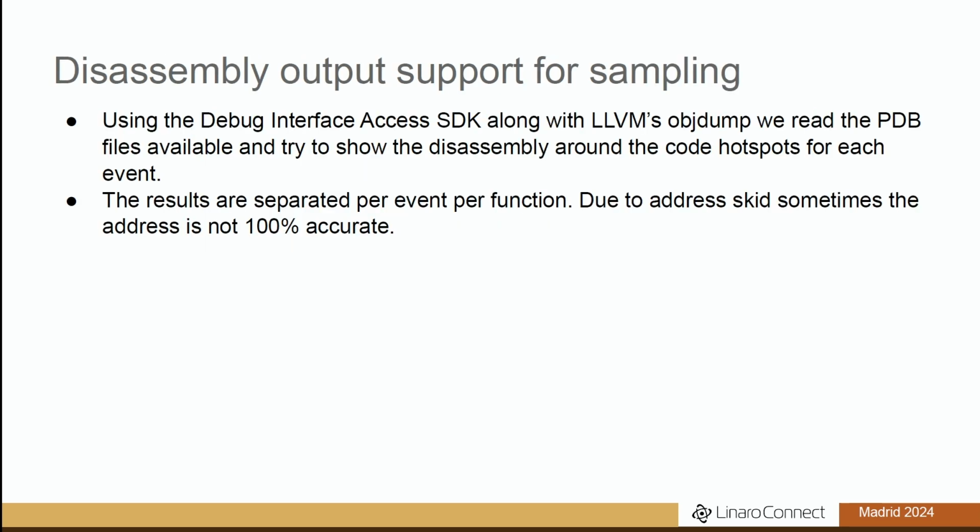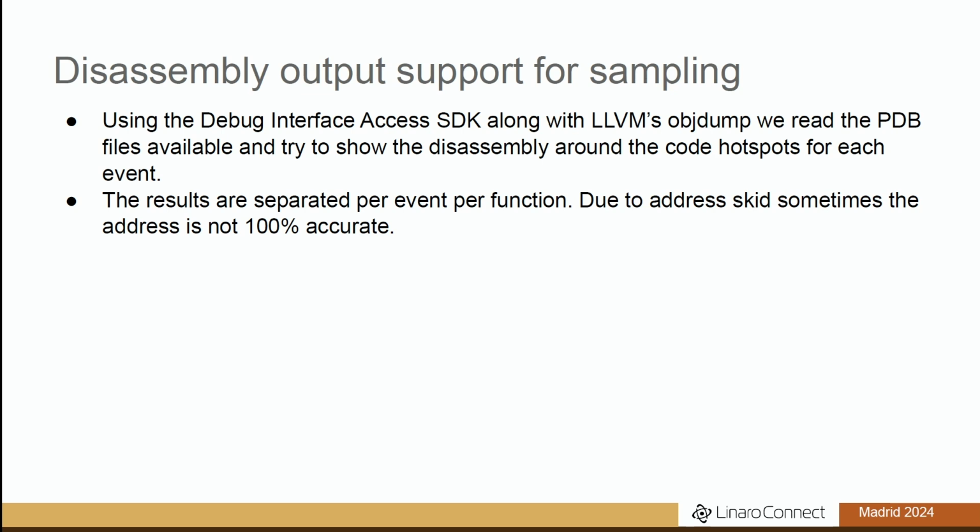Okay, so for disassembly, we use 2 things: the DIA, the Debug Interface Access SDK from Windows, and LLVM's objdump. What happens is with the DIA, we read the PDB file, so we know every address of every function, of every instruction, of everything.